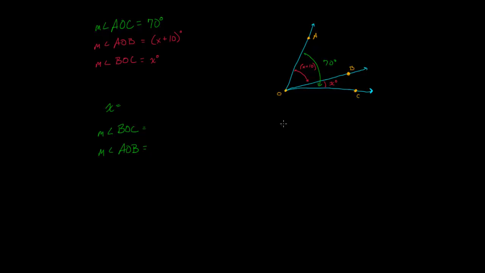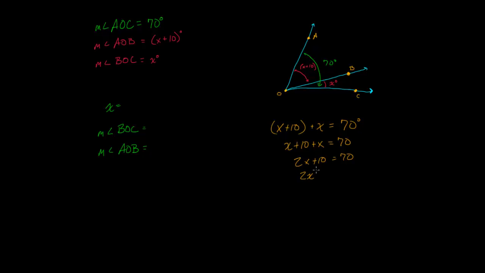So we can say our X plus 10 plus, we have an X here, will equal our whole angle here, which is a 70. So let's go ahead and work this out. We'll solve for our X. X plus 10 plus X equals 70. We have 2X plus 10 equals 70. Oh, wait, I'm sorry, a 2X.